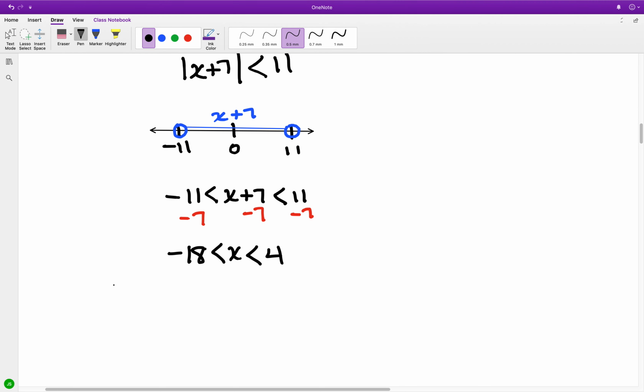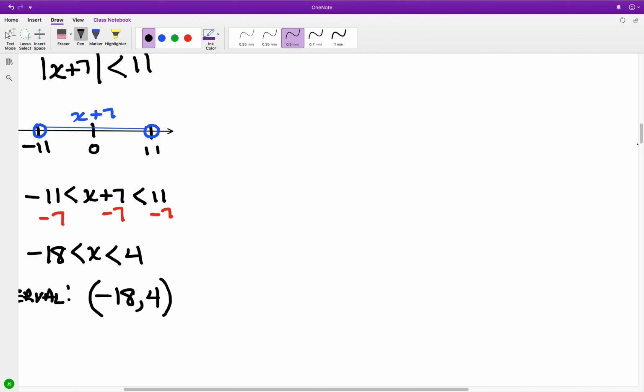For the interval solution that corresponds, we have negative 18 and 4, and for the lower and the upper limits, they're not including negative 18 or positive 4, so we use parentheses exclusively.